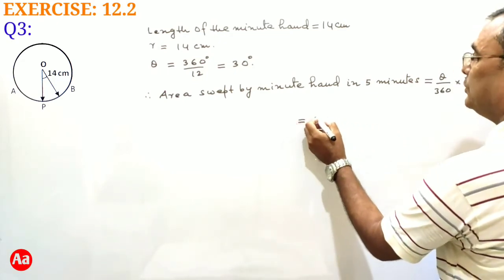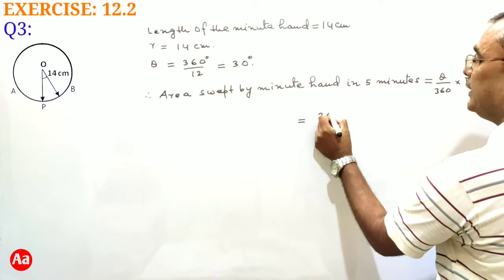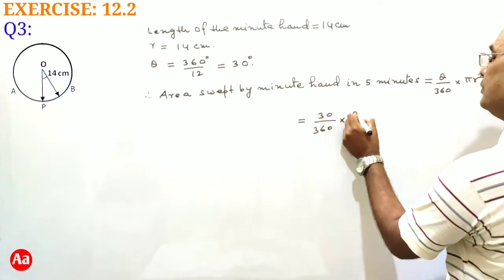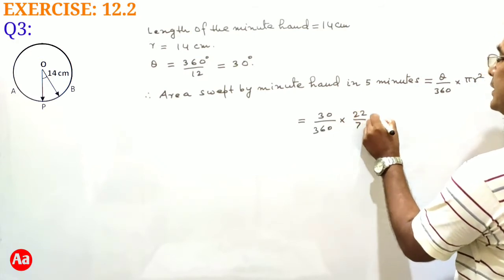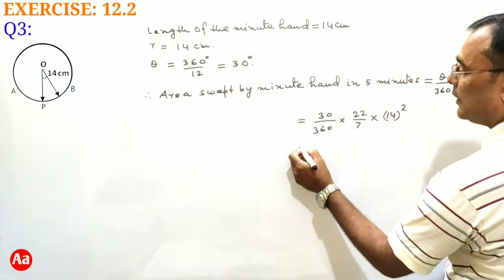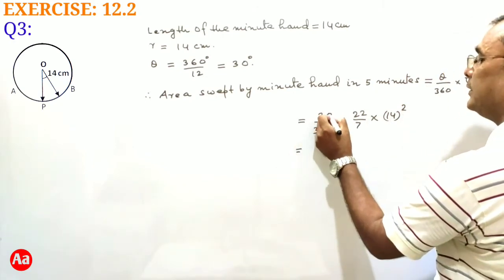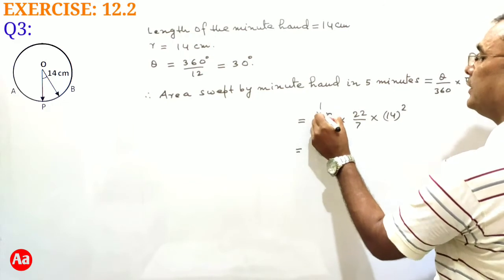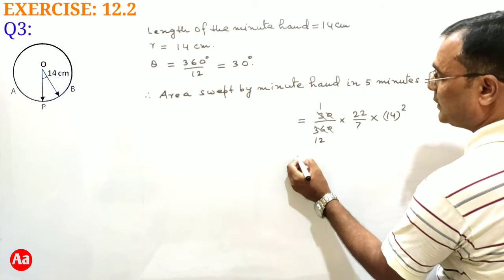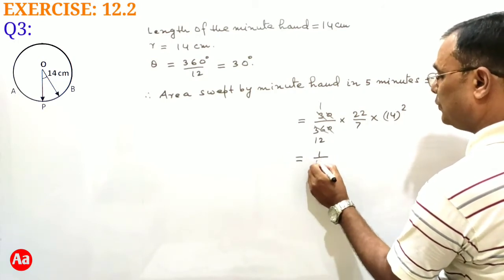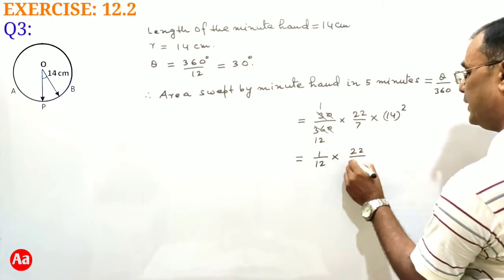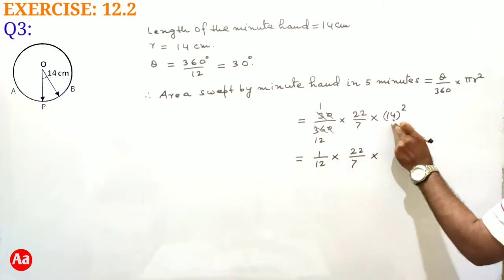This is equal to 30 degrees by 360 into 22 by 7 into 14 square. Zeros cancel, 3 ones are 3, 3 twelves are 36. So this is equal to 1 by 12 into 22 by 7 into 14 square.